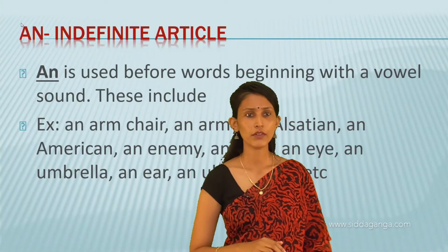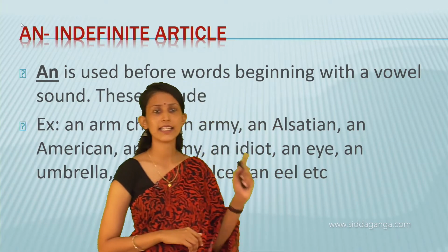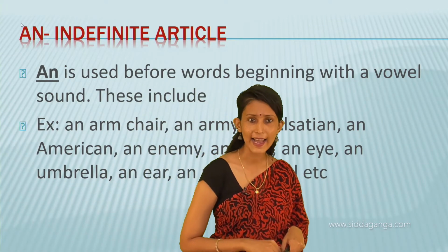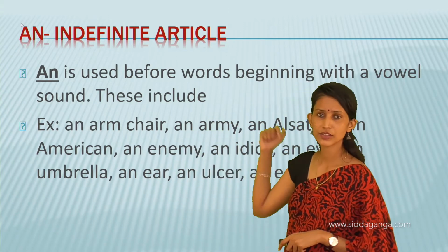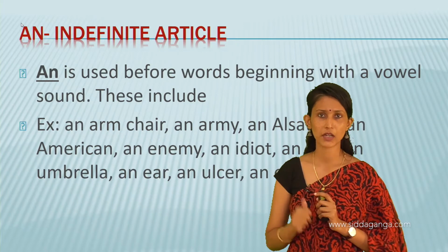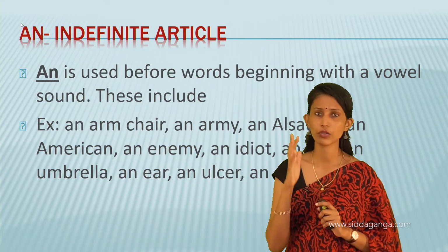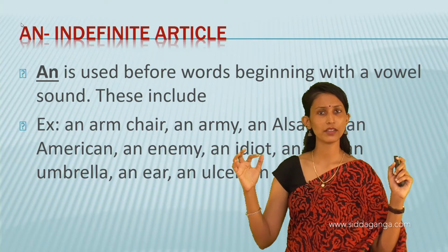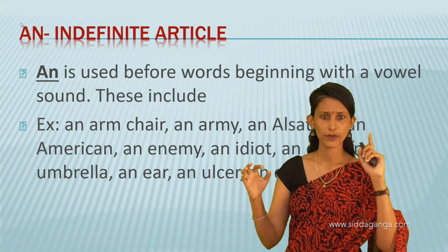Alright. Moving on, we're going to see the indefinite article again, that is an. Where is an used? An is used, simple, we know it, before the beginning of a vowel sound. A, E, I, O, U. Vowels. That is one basic statement that we know, isn't it? Before the beginning of a vowel sound.